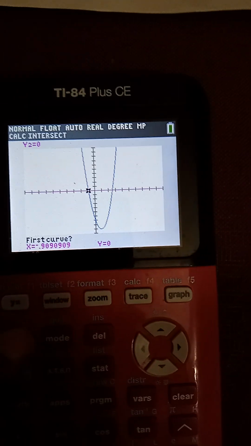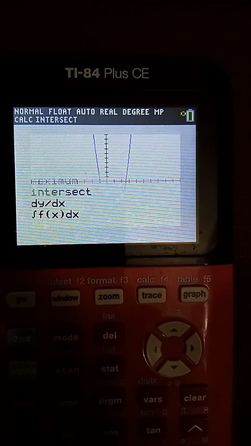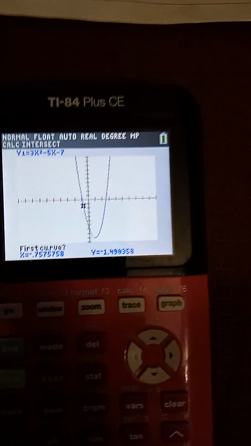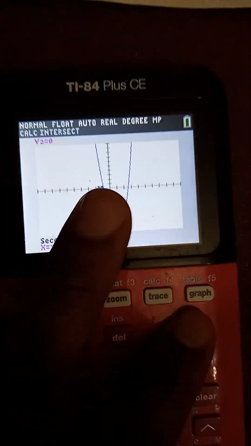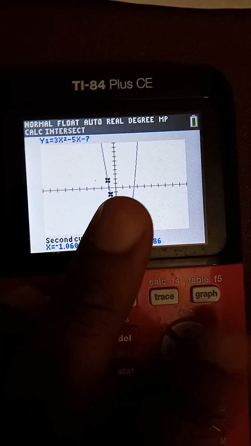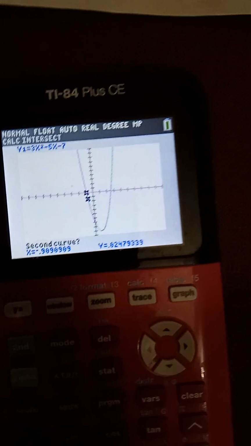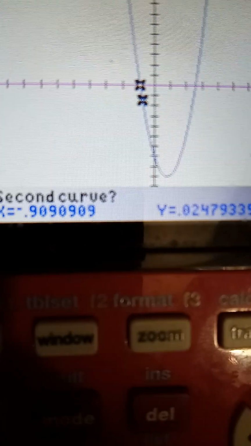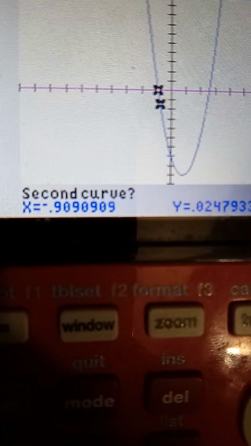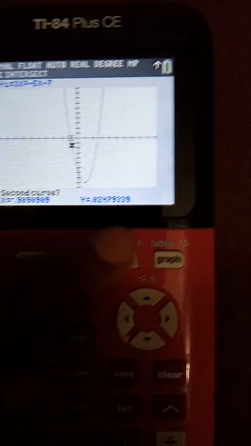Okay, so second, trace, intersect. We want to go slightly down, hit the enter button, slightly above, right there, hit the enter button, and then scroll down right on the line and hit enter. And we see that it has negative 0.909. So the calculator is a little bit estimated here. So let's do the graph again.